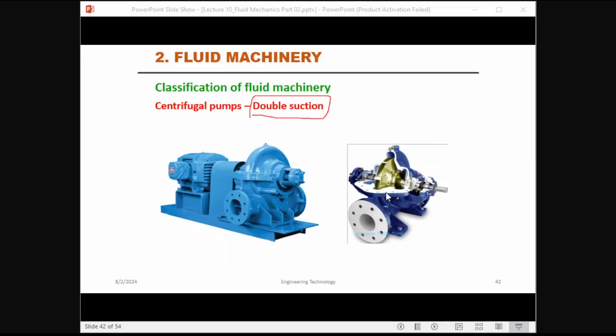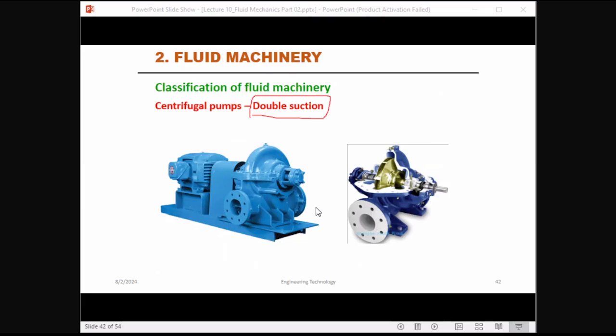Due to its superior design, this is the inlet and this is the outlet in this pump. Due to this design, this pump is used for various industrial and engineering applications.